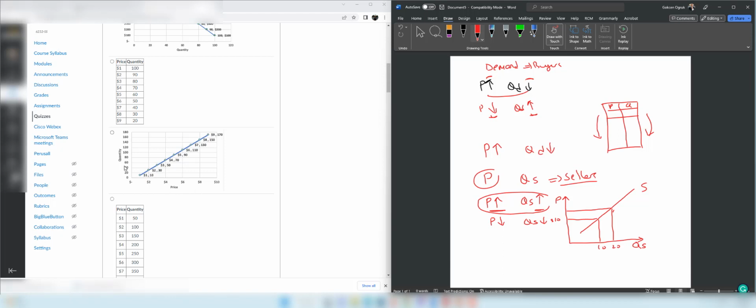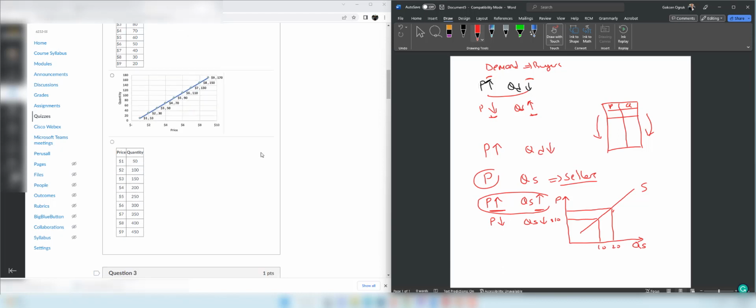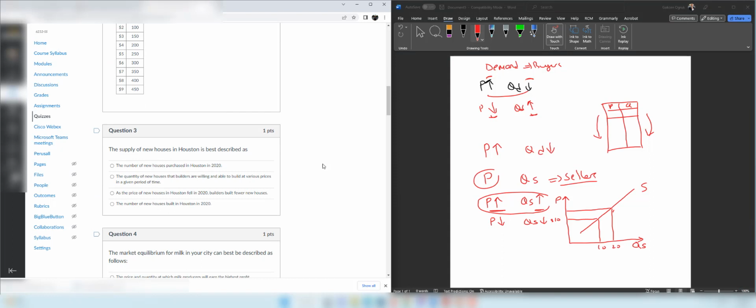And the quantity is represented on the vertical axis, which is not the case for the supply. For supply, we either look at a table where the prices are rising, quantities are rising, or we look at a curve where you have prices on the vertical and quantity supplied on the horizontal axis. Therefore, this answer is correct because as the prices are rising, quantity supplied is increasing. Let's look at the next question.